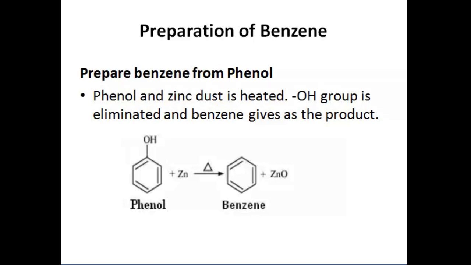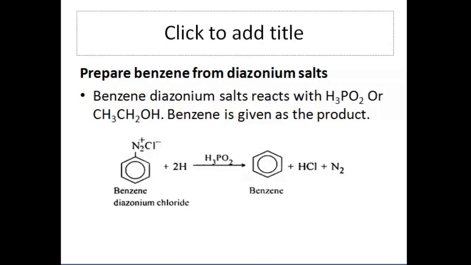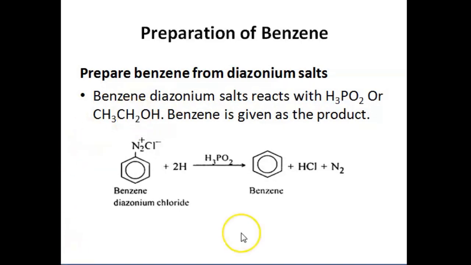The third method of preparation of benzene is from benzene diazonium salt. Benzene diazonium salt reacts with H3PO2, or we could say CH3CH2OH. Then benzene is given as the product.